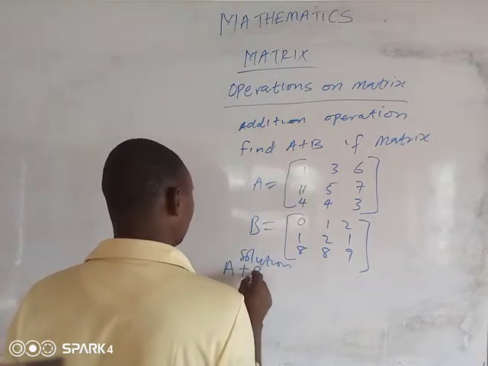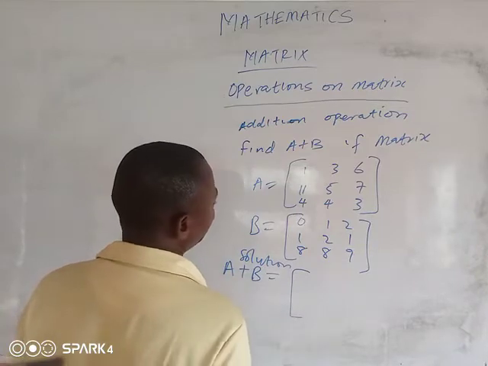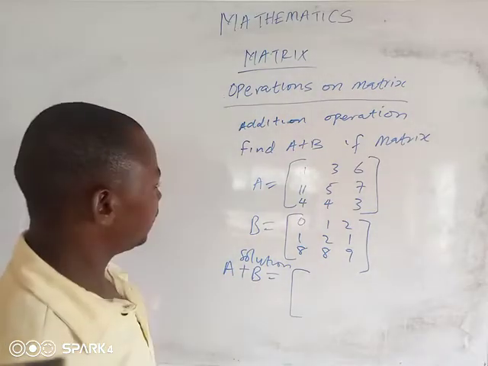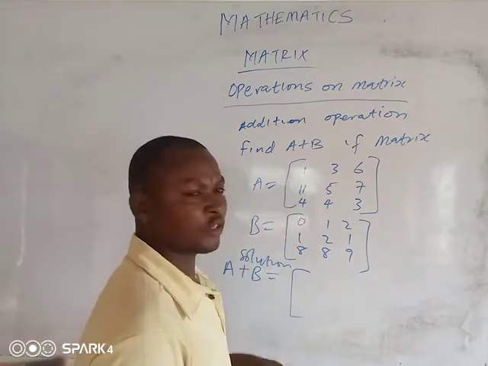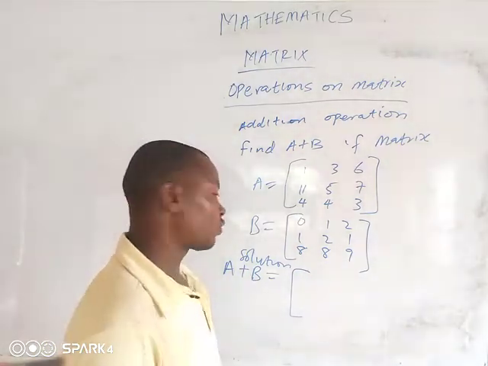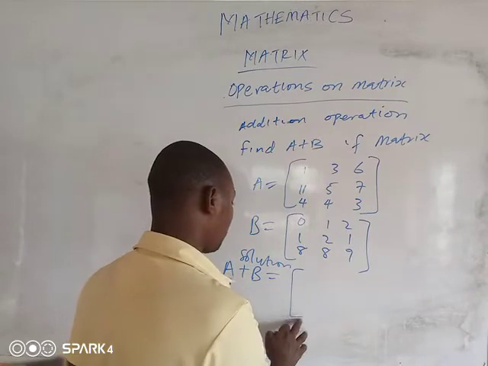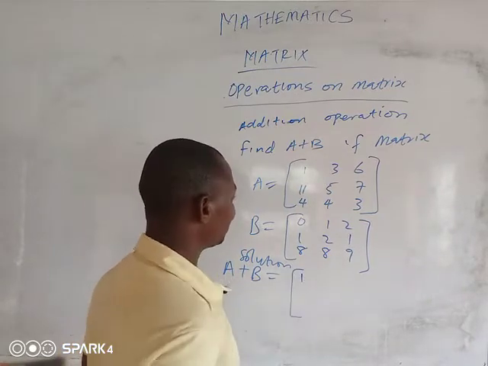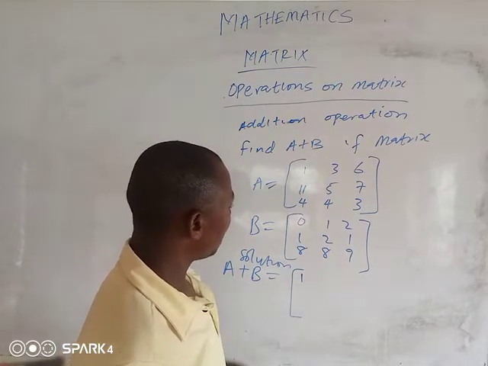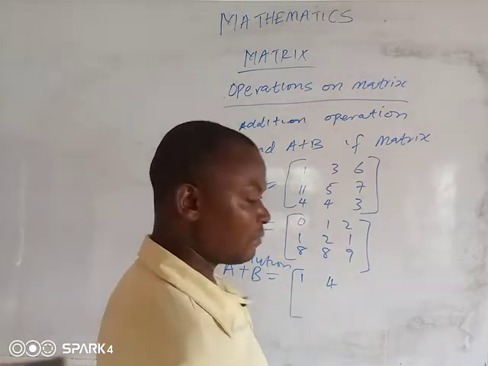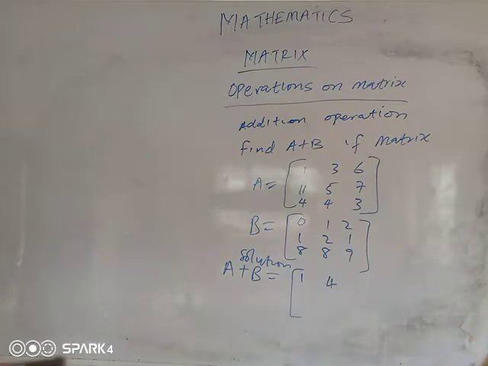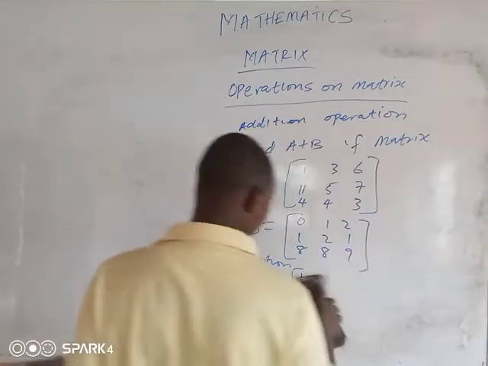A plus B equals, so I told you we are going to add A11 to A11. So 1 plus 0 is going to give us 1. Although some of you may say it's 10, but it's not 10, but 1. So we have 3 plus 1, we have 4. So let me just take them step by step, so that you do not miscalculate them.